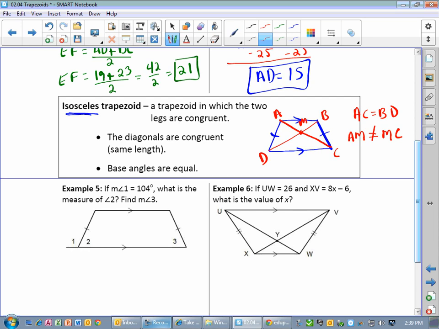Okay? Now, the other thing here is base angles are equal on an isosceles trapezoid. So just like an isosceles triangle, we have congruent angles here as well. Now, do the diagonals appear to bisect those angles? Again, look at your picture carefully. Look at where you've drawn the angles and look at your diagonals.